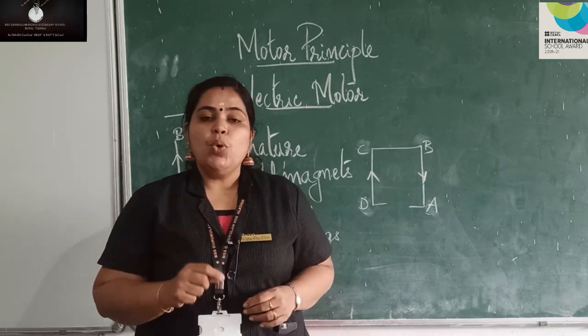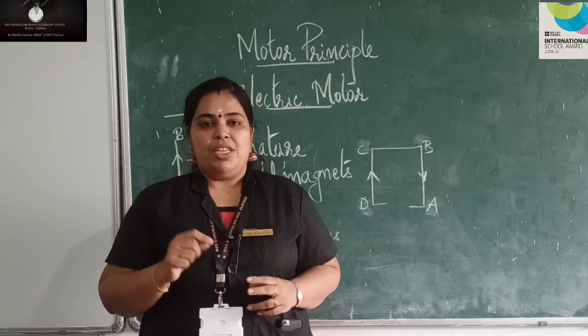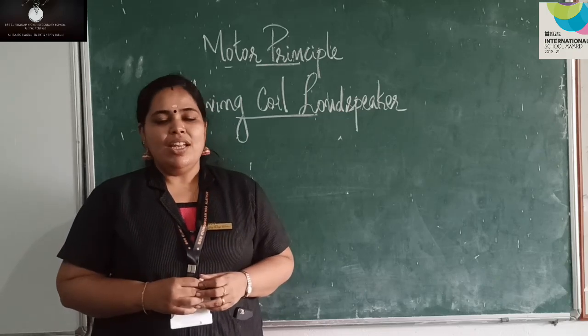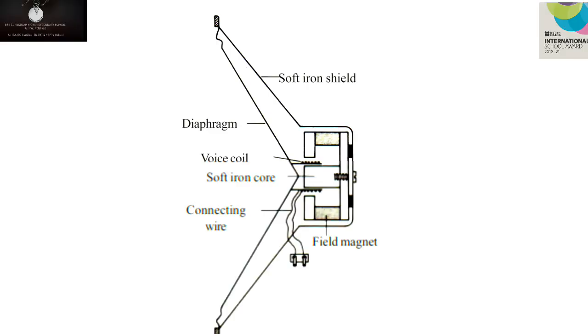Okay. So next we will move to another device that works on the motor principle. It is the moving coil loudspeaker. Now let's see the important parts of a moving coil loudspeaker. Look at the figure. What are the important parts? Just see. You can see a diaphragm, isn't it? Then a voice coil, soft iron core, field magnet, connecting wire and a soft iron sheet.